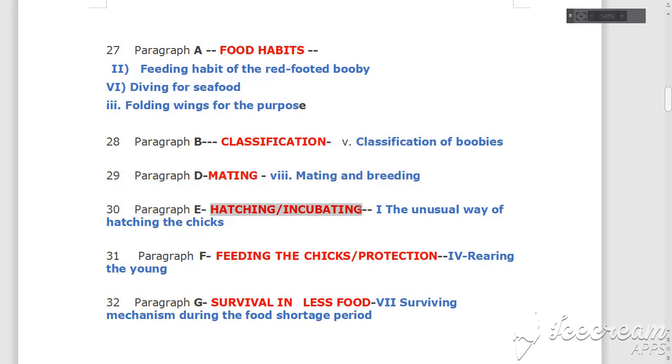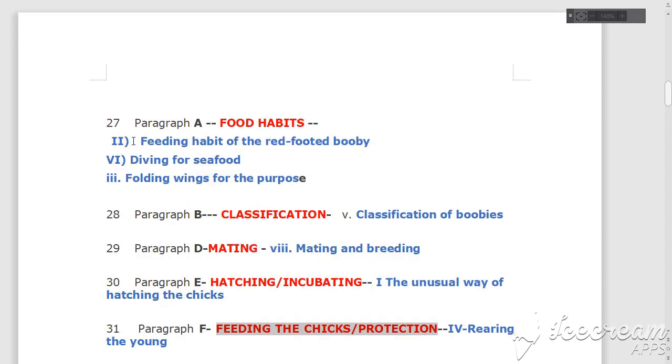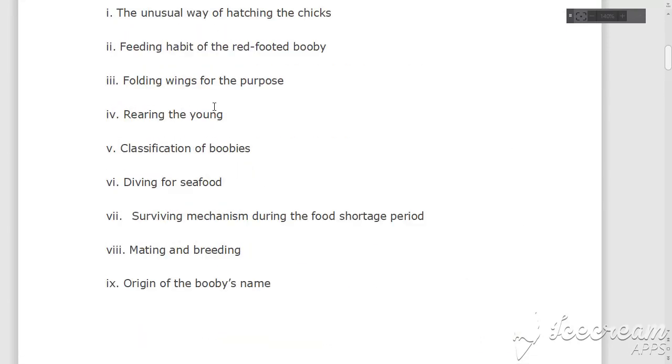The red ones are our own titles which we chose, and the blue ones are the possible headings from the heading list. So for example, paragraph A, our title is food habits. So let's match food habits with any of the given list.